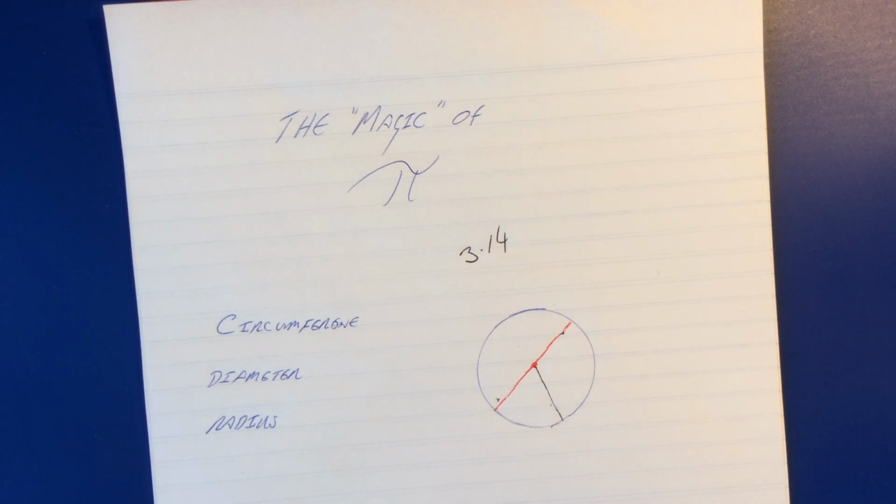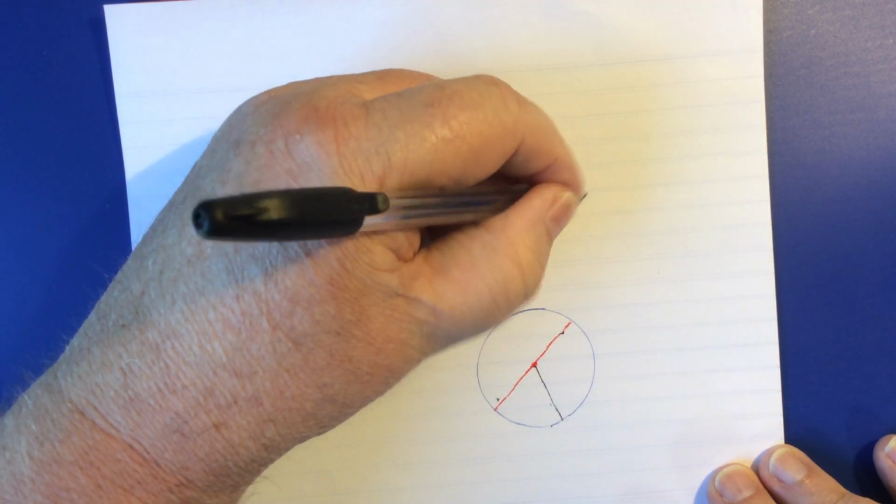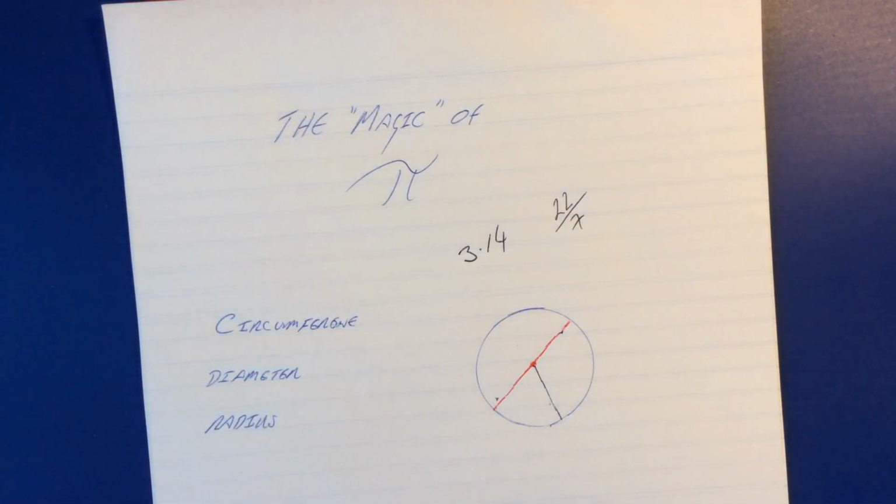So what we learnt to do was the following, and this gives you a rough approximation of the value of pi: 22 divided by 7. It's just a rough approximation. There are other rough approximations. But anyway, the purpose of this video is to explain what pi is and what it does.